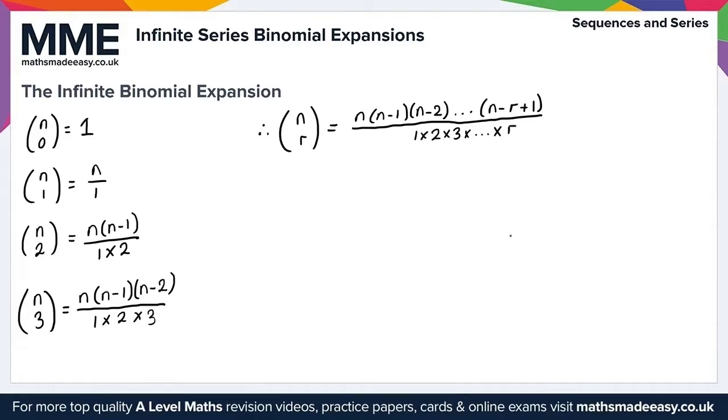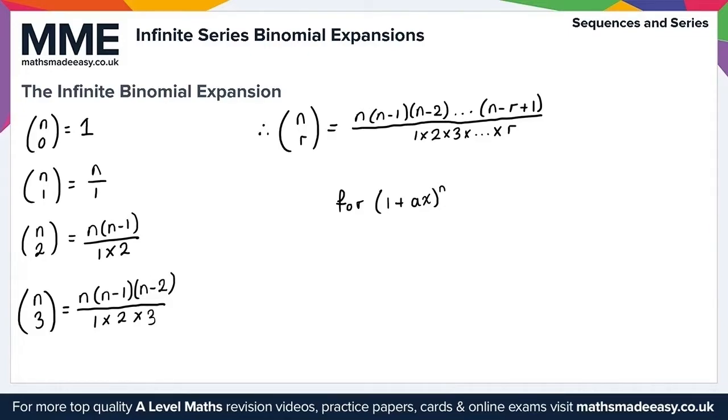Okay, and we can use this pattern instead of actual binomial coefficients to write an infinite expansion for 1 plus ax to the power of n, when n is not a positive whole number, so n is not a positive integer.